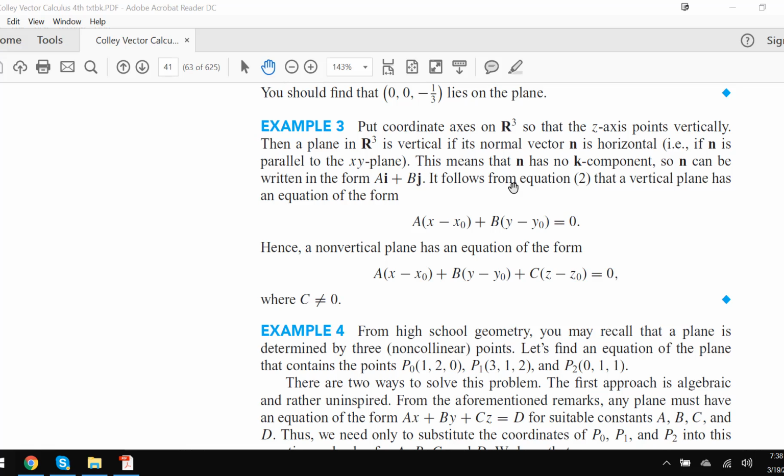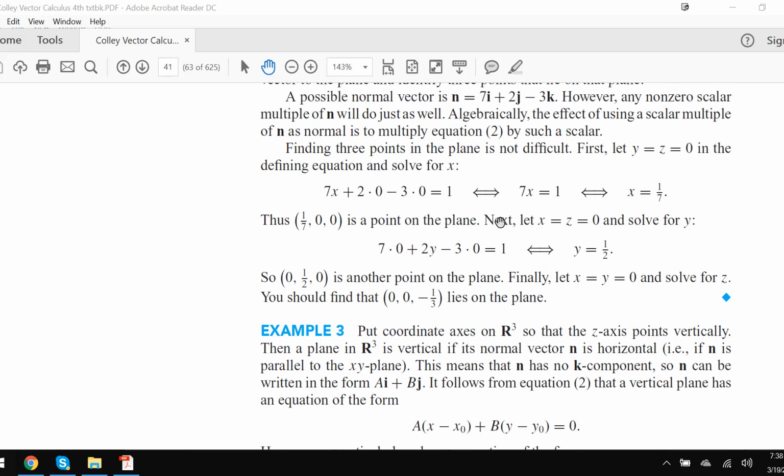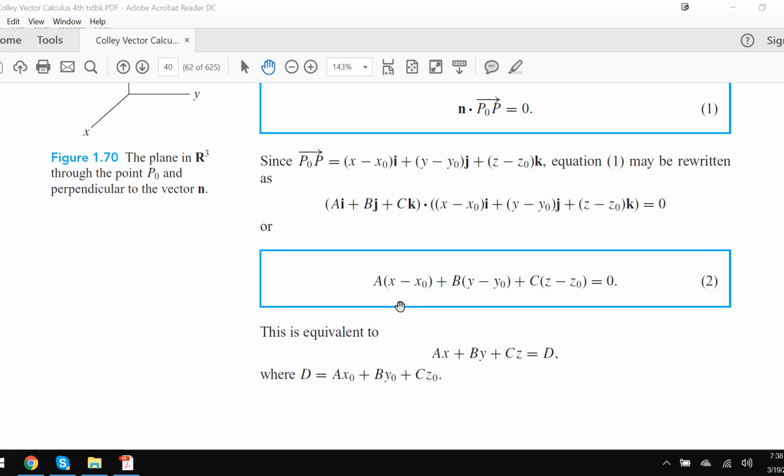It follows from equation 2 that a vertical plane has an equation of the form like this, because it doesn't have the k component that we saw before, equation 2. So there's no k component, so this part is 0, so we only get these two pieces here. Okay?